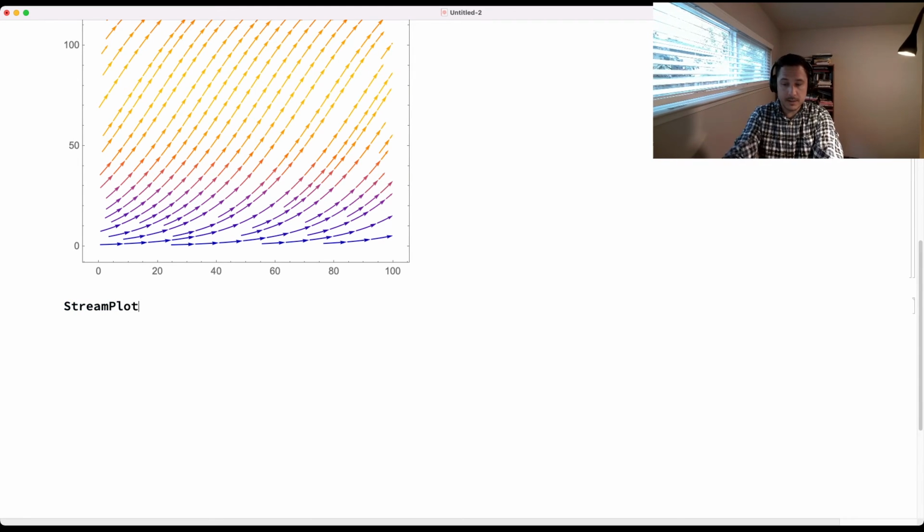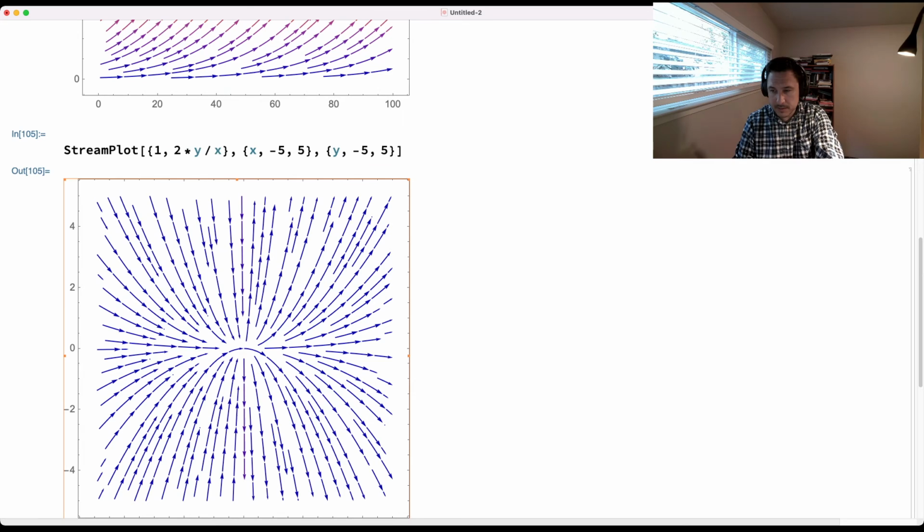So we'll do StreamPlot, put in 1, comma, our derivative was 2 times y over x. Let's have the x values go between minus 5 and 5, and let's have the y values go from minus 5 to 5.